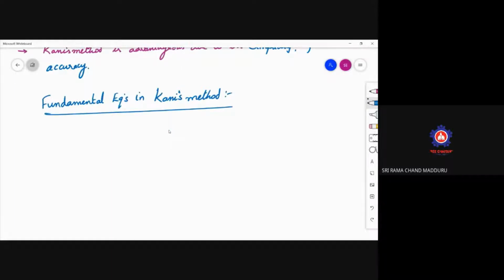In the fundamental equations, we'll see first of all frames without sway as well as frames with sway. So in the analysis, I am starting with the frames without sway.